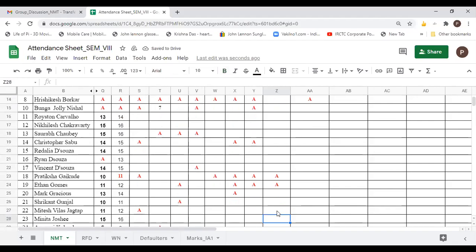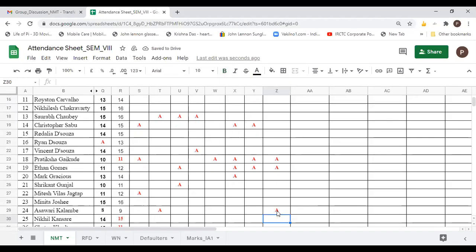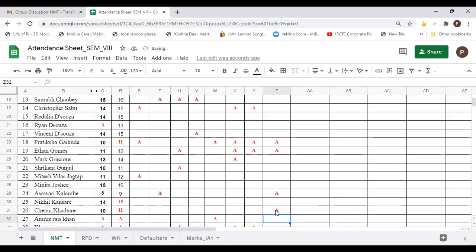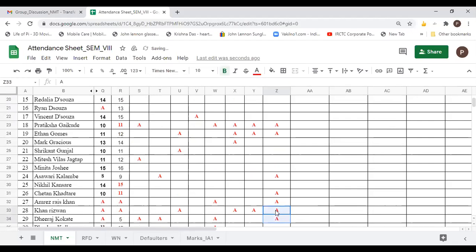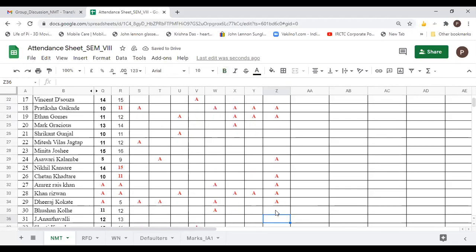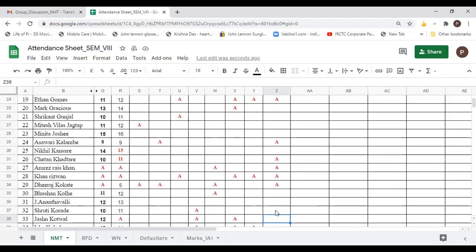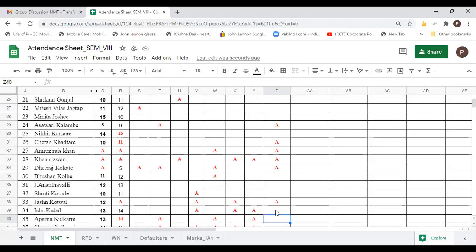Ritesh, present, ma'am. Lisa. 25, present, ma'am. 27, 28, 29, 30 is there, 31, present, ma'am. 32, present, ma'am. 34, present, ma'am. 35, present, ma'am. 33 present.